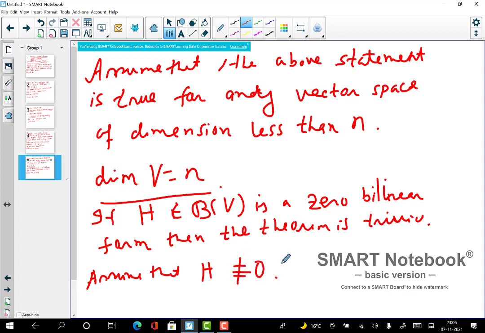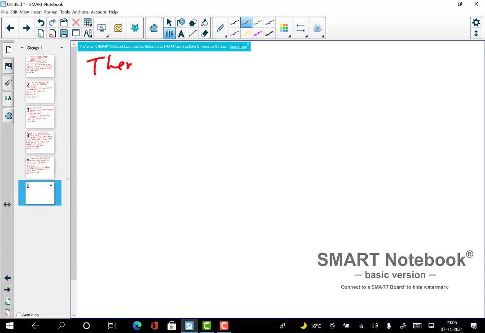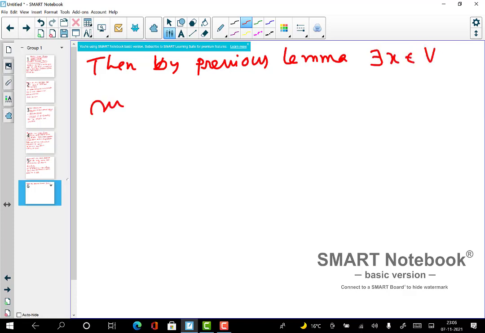Okay, it's non-zero. Now from the previous lemma, what do you know? So by the previous lemma, there exists x belonging to V, a vector such that h(x,x) is not equal to 0, right?